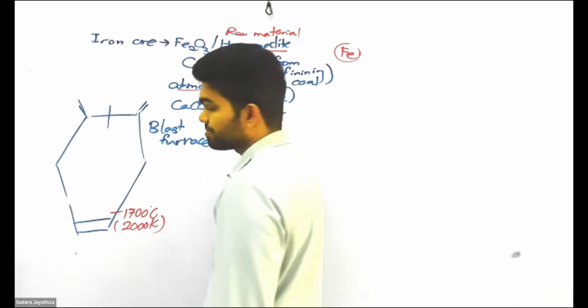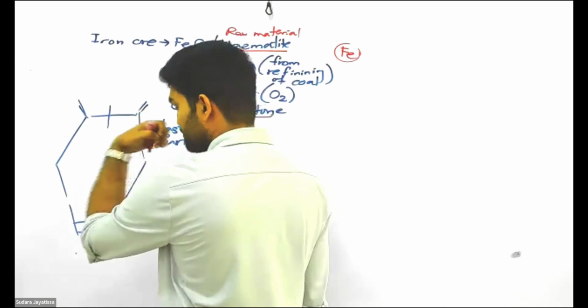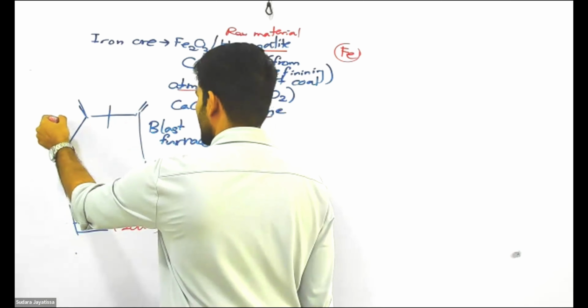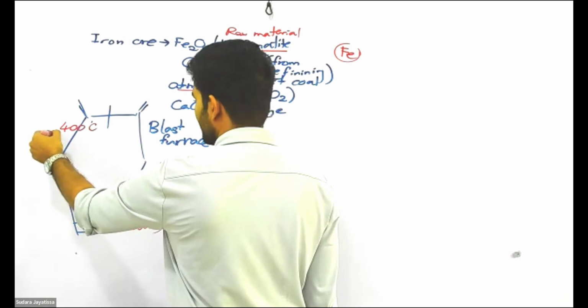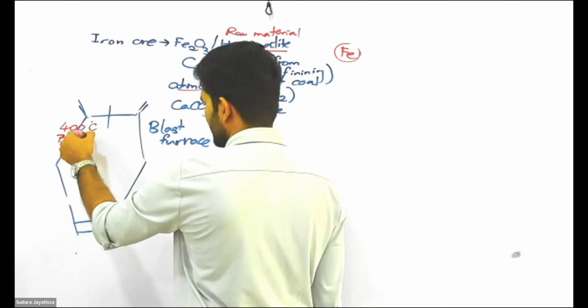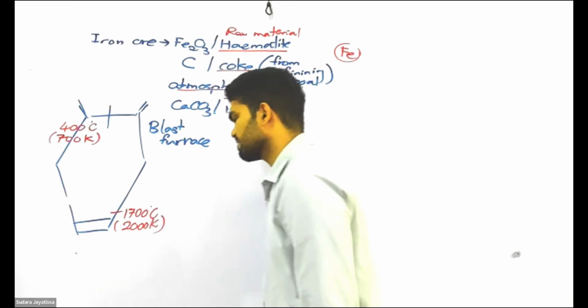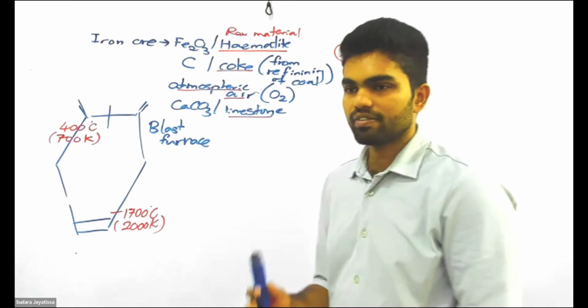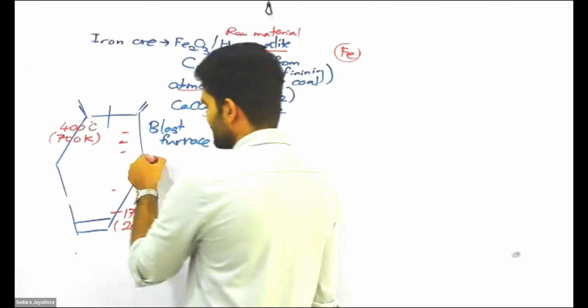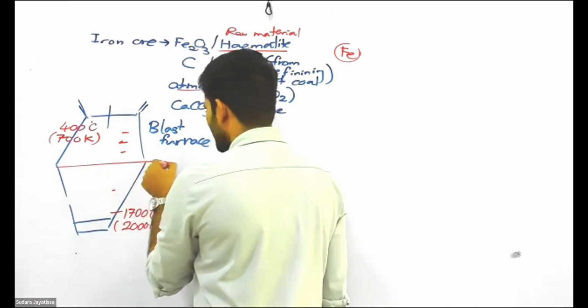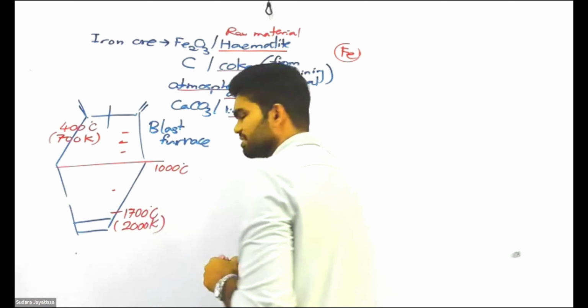It's a very high temperature. At the top, books say we maintain 400 Celsius, or approximately 700 Kelvin. So from 700 Kelvin to 2000 Kelvin, you have a temperature gradient. Usually at the middle, 1000 Celsius.